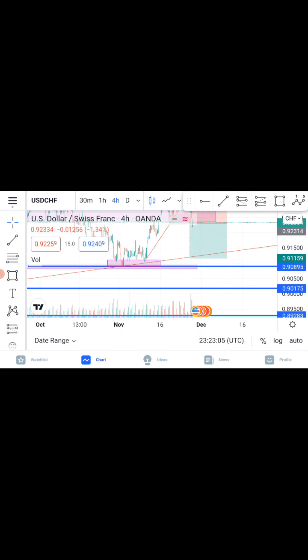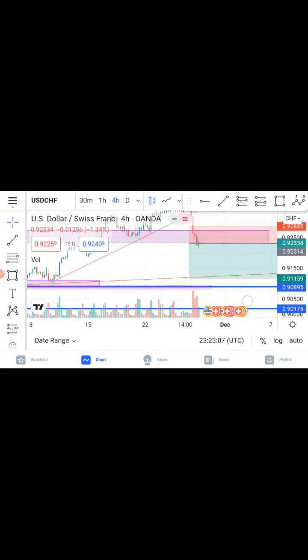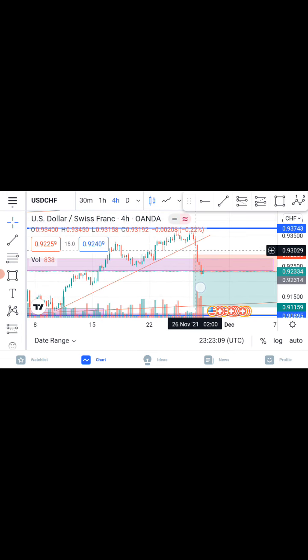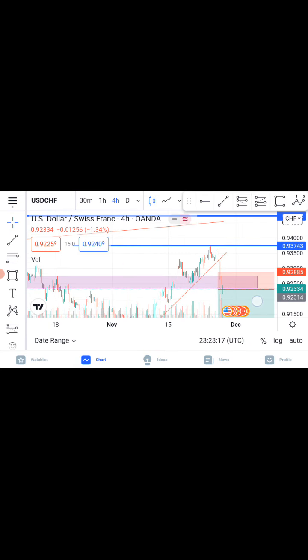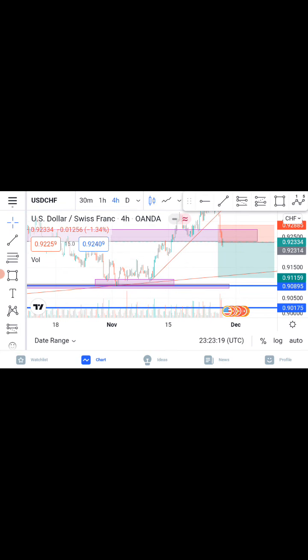And now we can execute our trade, because there's a breakout, a retest, and then all the way to this downside. So guys, I hope you were able to see how I executed the market and what I did in just a few minutes.